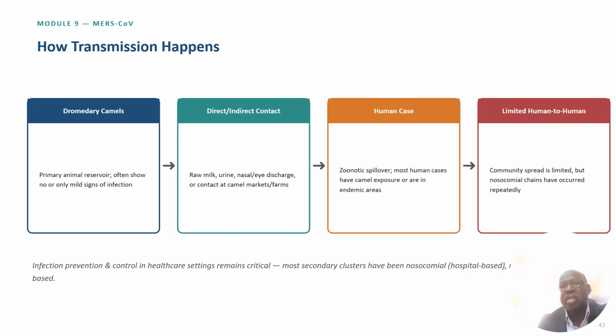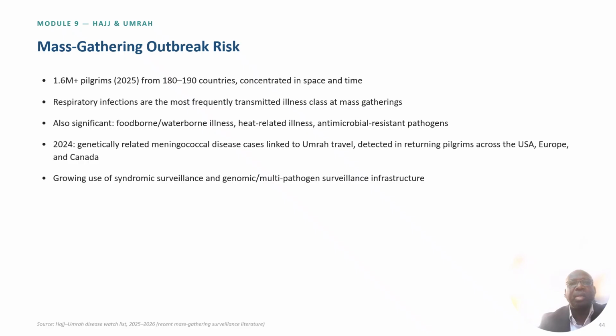Most human cases had camel exposure, and this was proved during the outbreak. Human-to-human transmission was very rare and community spread was limited, but nosocomial transmission was very high, and this appeared very clearly during the outbreak among healthcare workers.